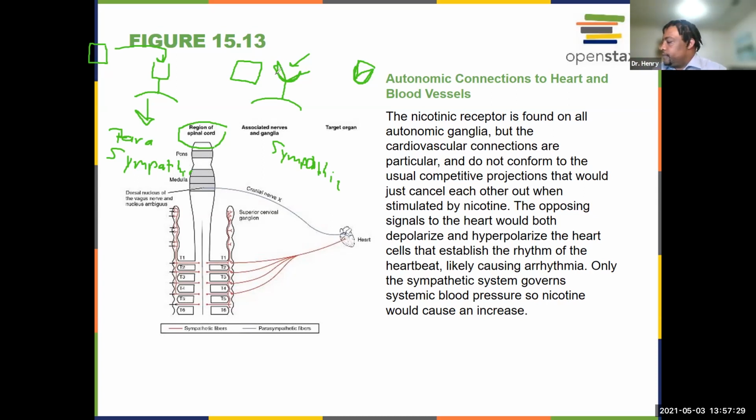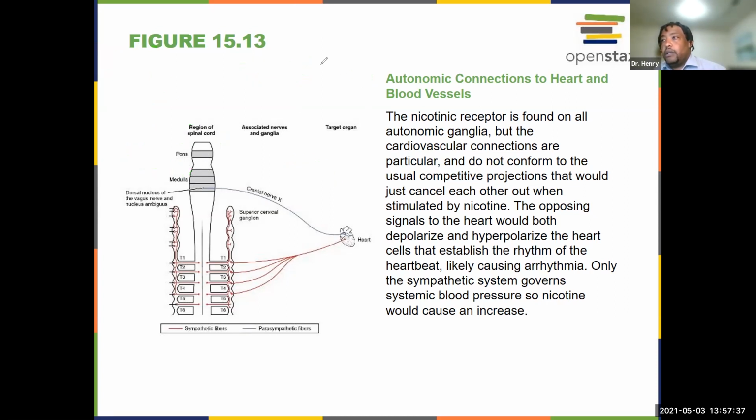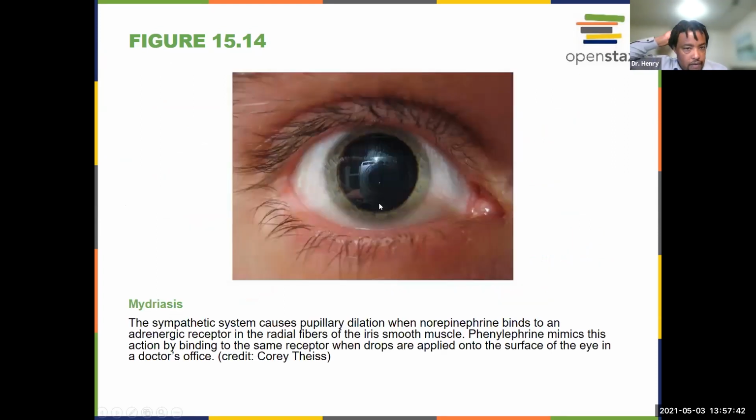So we have phenylephrine, which is able to sit there and mimic the actions of some of the receptors when its drops are applied to the surface of the eye.